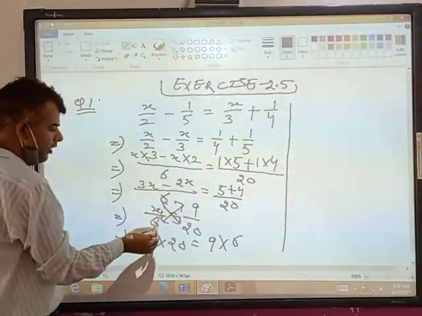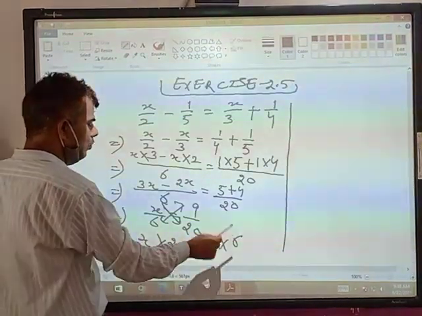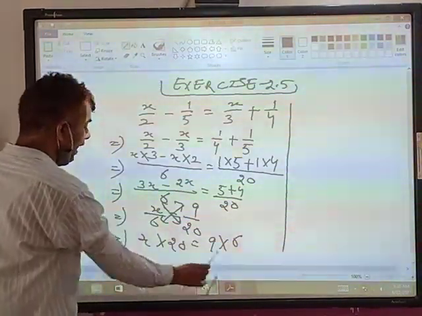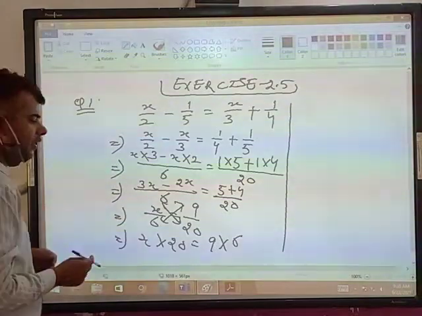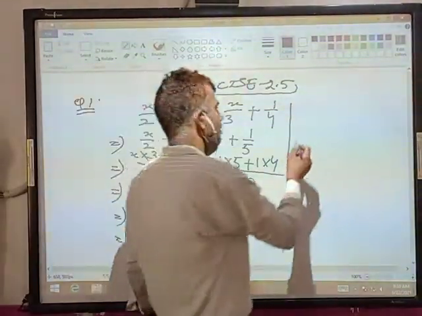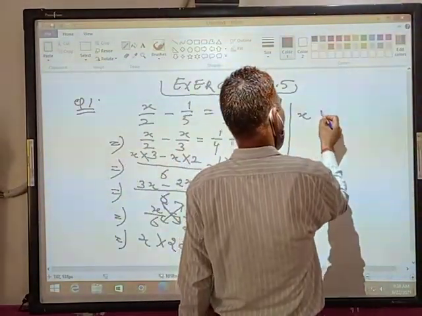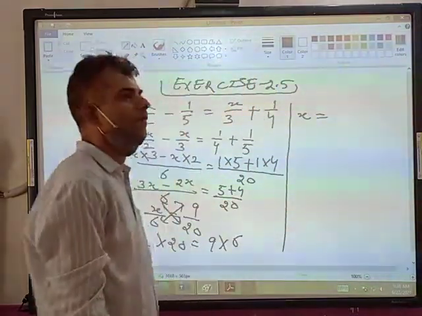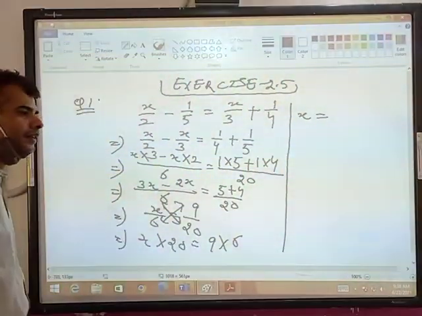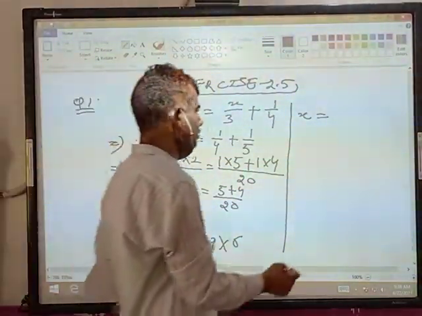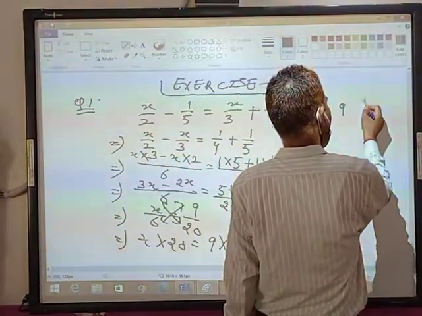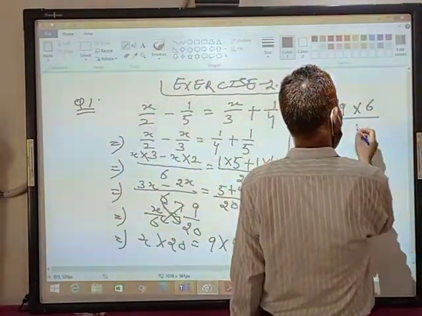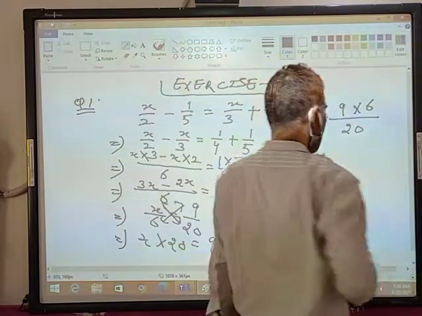It will transfer from the left hand side to the right hand side and divide 9 into 6. The multiply sign changes into the divide sign. So x is 9 into 6 divided by 20.